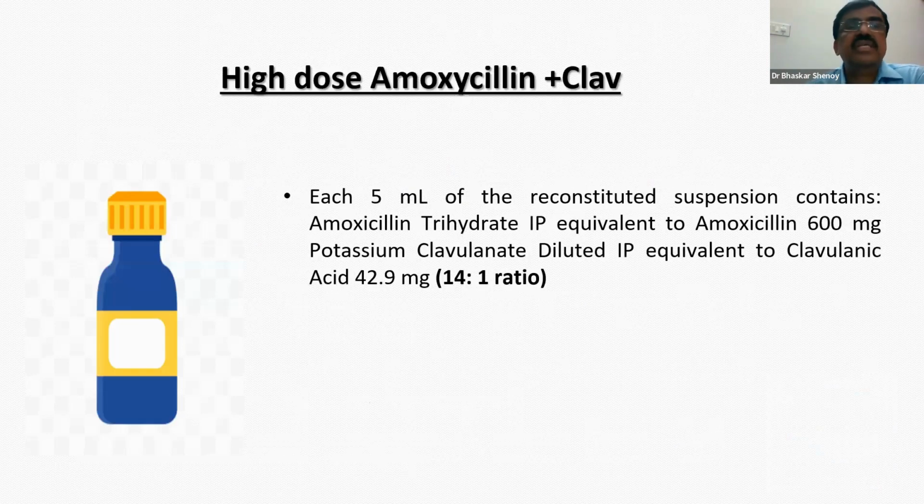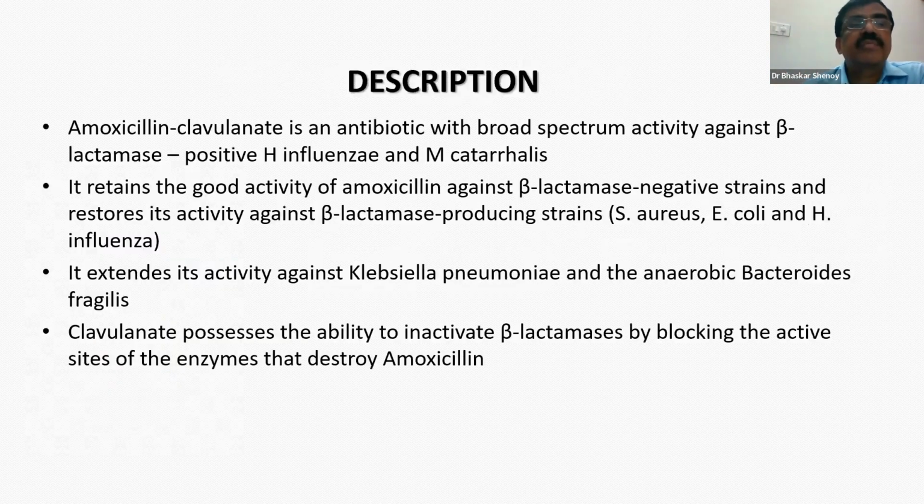you have to go for high dose amoxicillin with clavulanic acid. As Dr. Jog was mentioning, this is in a proportion of 14:1. That means the regular amoxicillin will be either 200 milligram or 400 milligram amoxicillin, while this is 600 milligram amoxicillin at a ratio of 14:1.